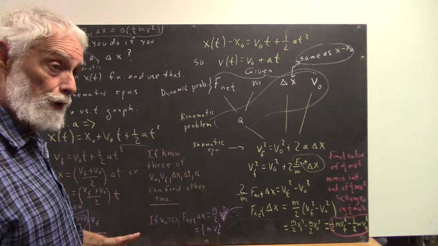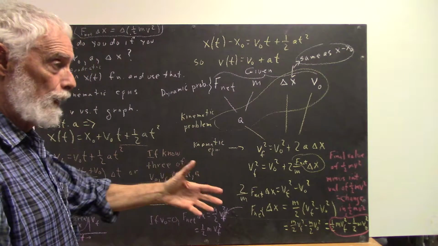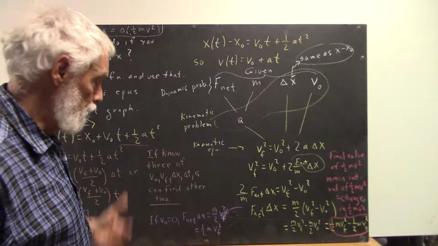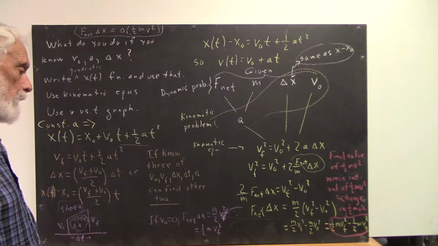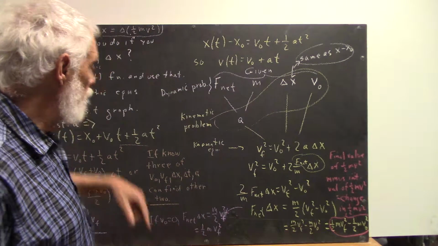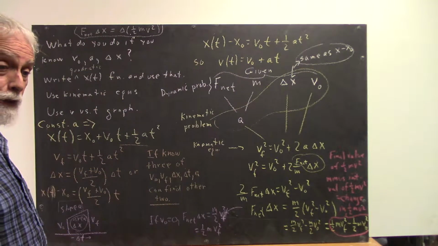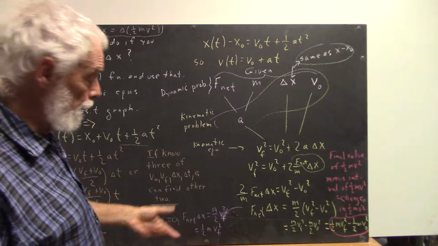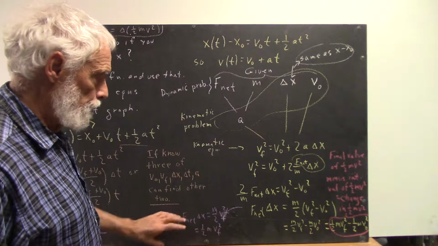Okay, if you start from 0, then whatever you end up with, that is the change, and you want to think about that. So we've actually kind of now proven this for the case where v naught equals 0 without even necessarily intending to. It just kind of fell out off to the side here.